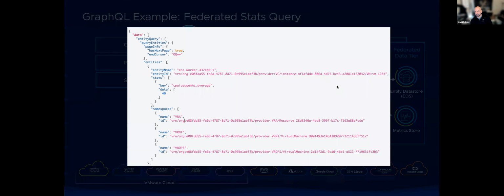And my response is, this is a typical response for GraphQL. This is not the example, actually. This is just a snippet that I wanted to show, because one of the things I like to talk about here is that, here's the name of an entity, right? And here is the UID that Aria Graph manages that entity by. So this is a universal identifier.